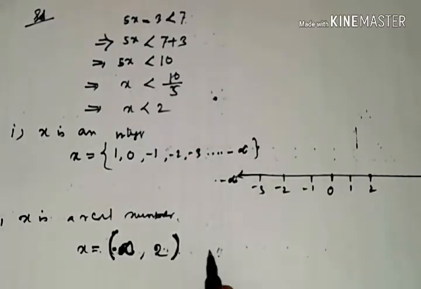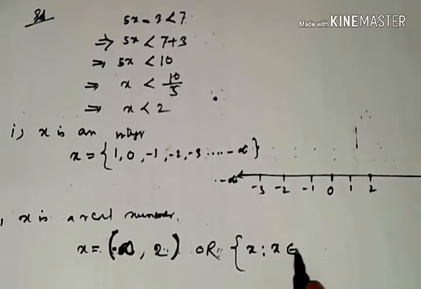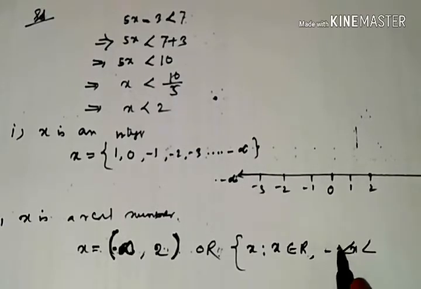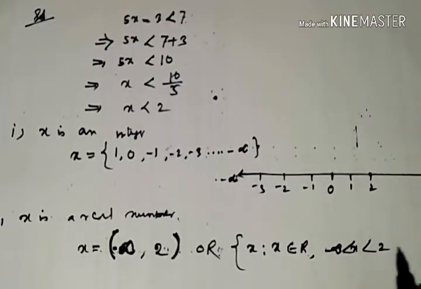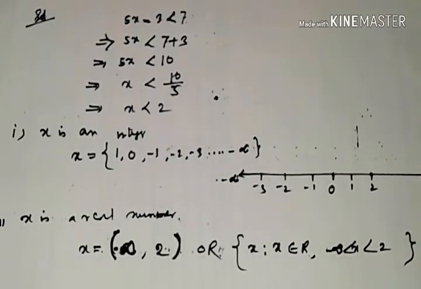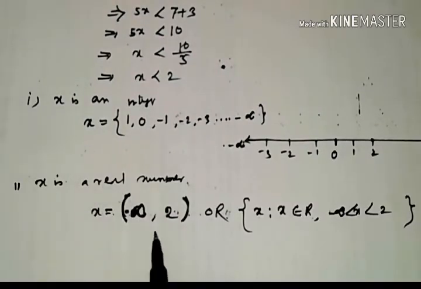In set builder form, we can write x such that x belongs to R, x less than 2. We can write it in set builder form if x is a real number.